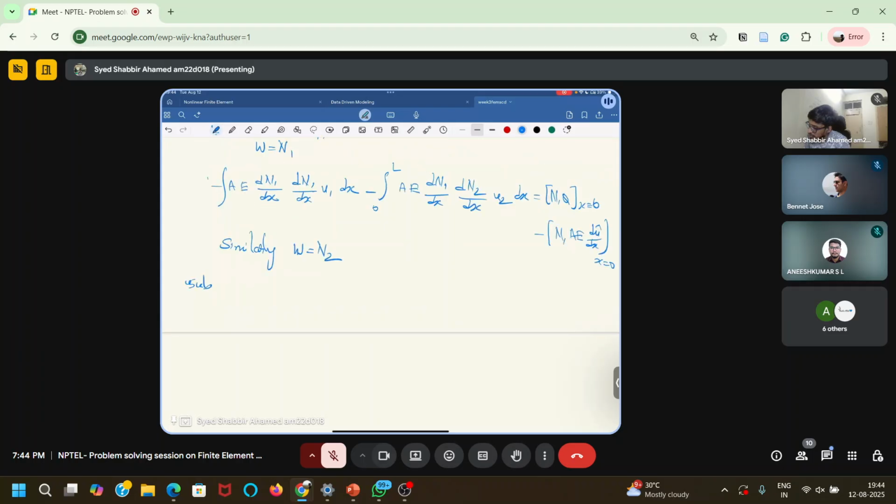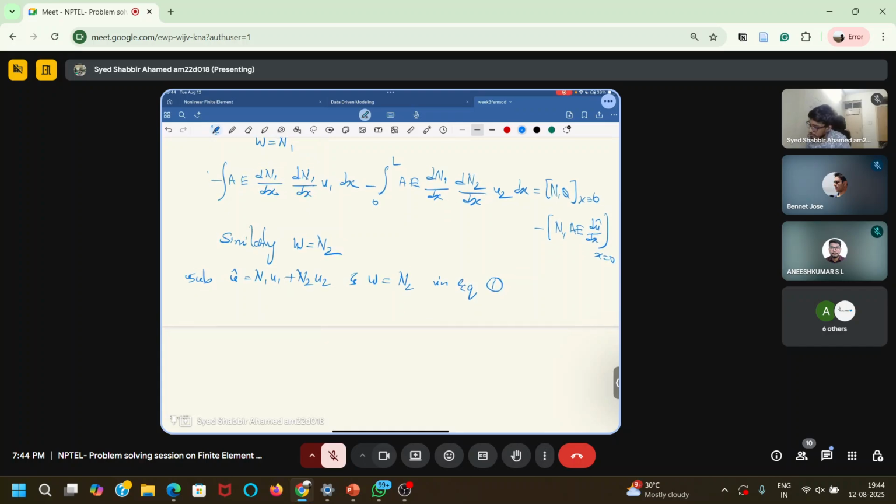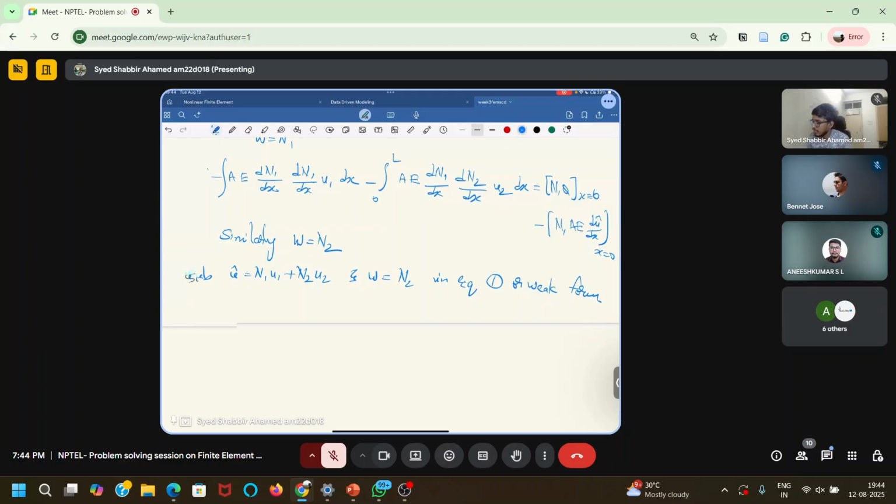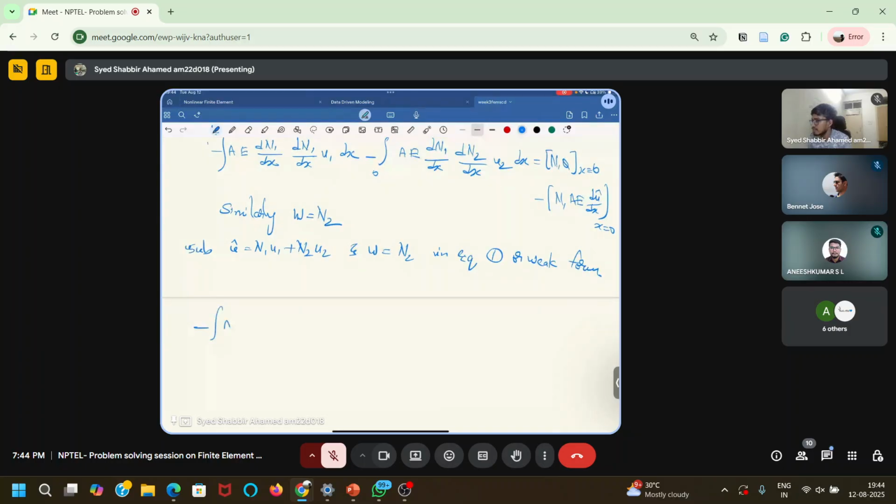Substituting U cap is equal to N1 U1 plus N2 U2 and W is equal to N2 in equation 1, or weak form, you can say, again you will get something like this.